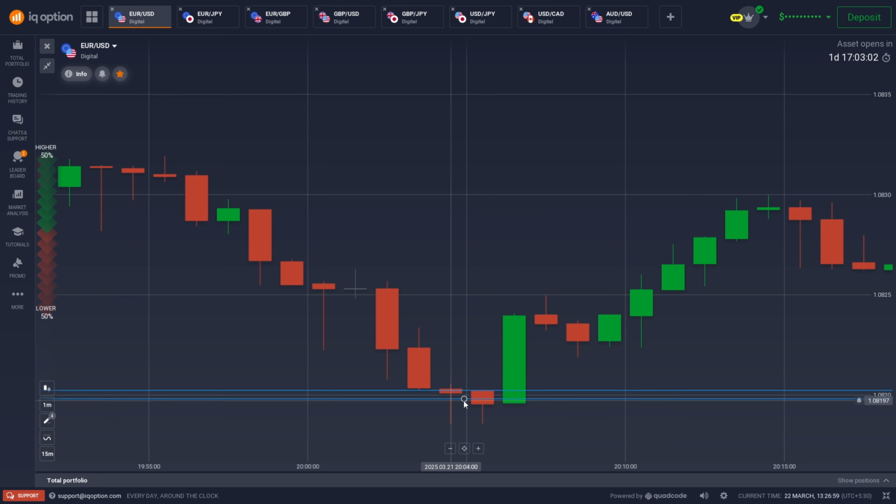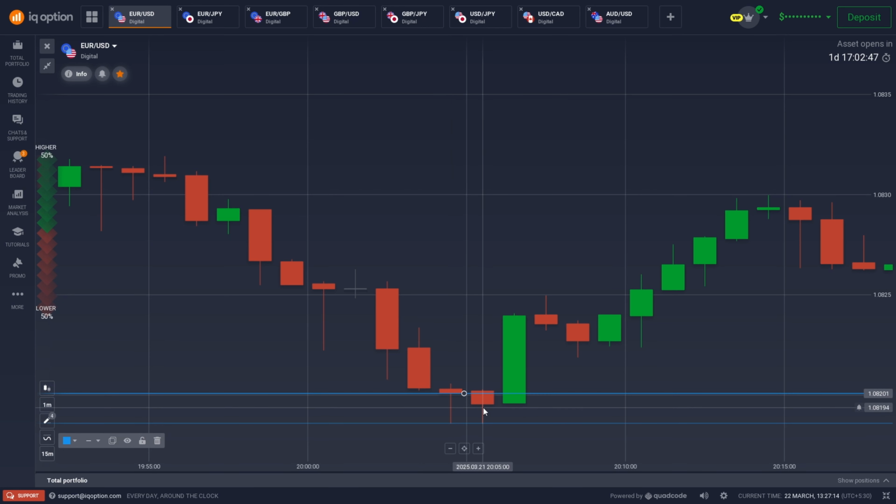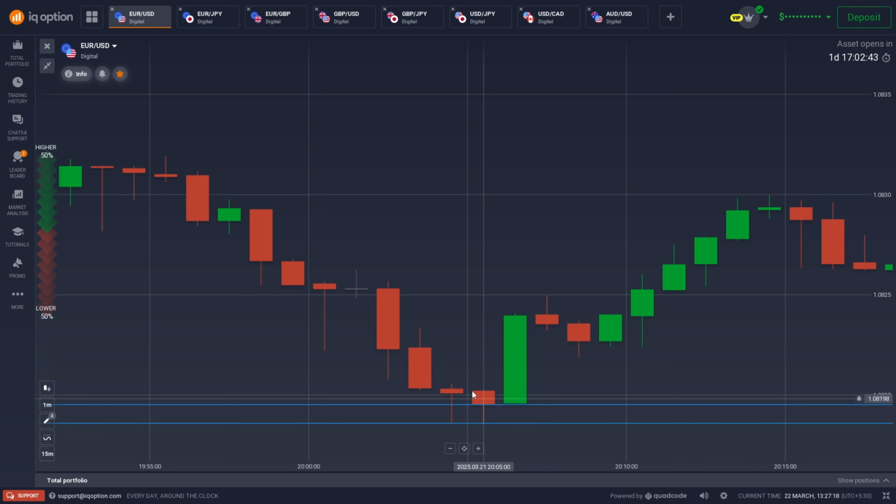So what will you do? You will use the wick, because this candle broke the zone and it closes inside, which means you have to update this zone. Now this is our updated zone. The next candle also gave rejection from the same level, and the body is here. So now you have to update. So this is your newly updated support zone.